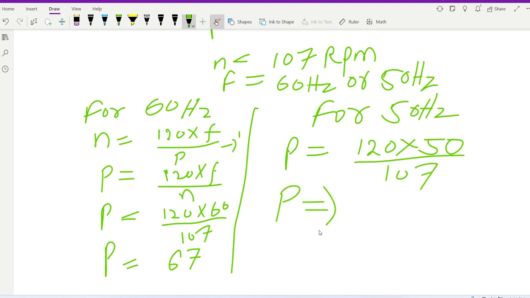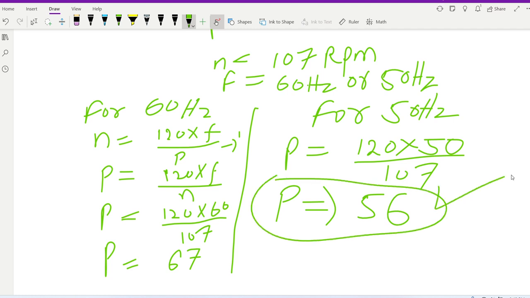So P equals 120 multiplied by 50 and divided by 107. So the answer is 56. So here the number of poles will be 56 and here the number of poles will be 67.